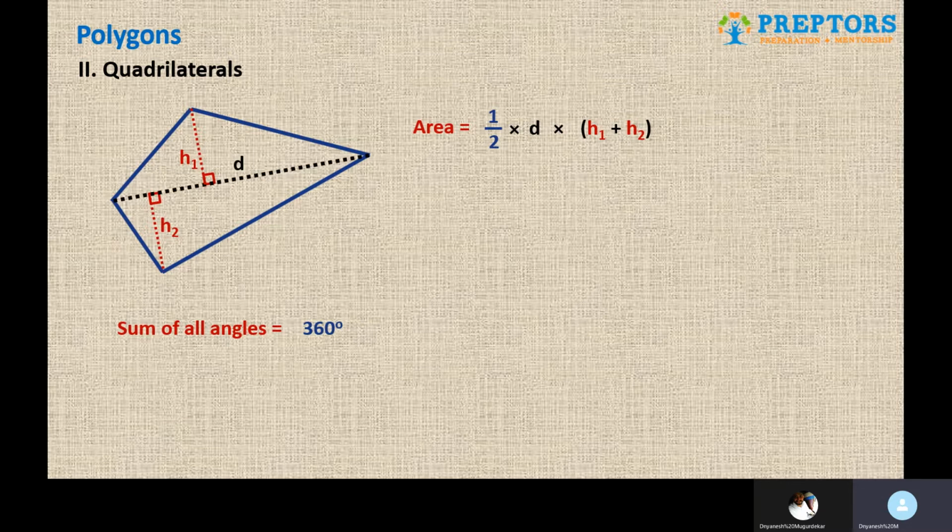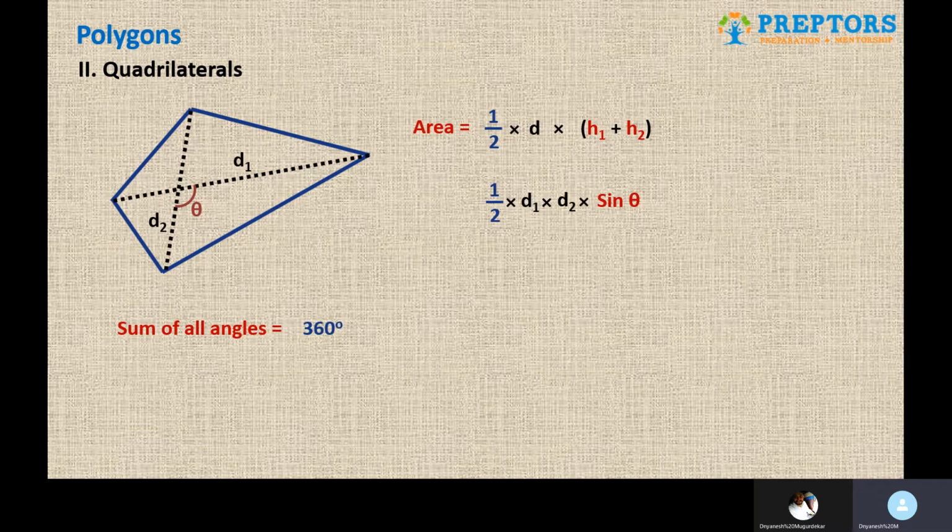The second way can be you join the other diagonal as well. So d1 and d2 are the 2 diagonals, and the formula is half into d1 d2 sine theta. Remember this formula. This is going to have a connection and a reference point in the future.